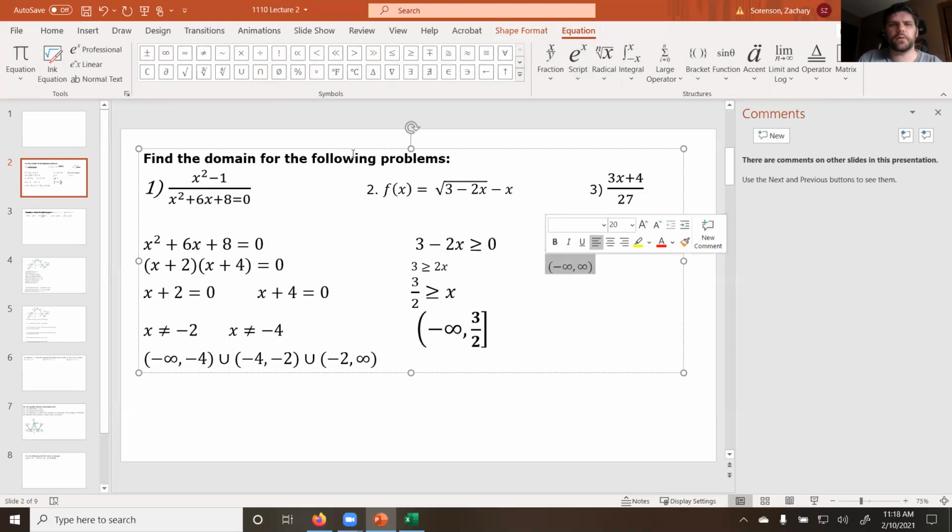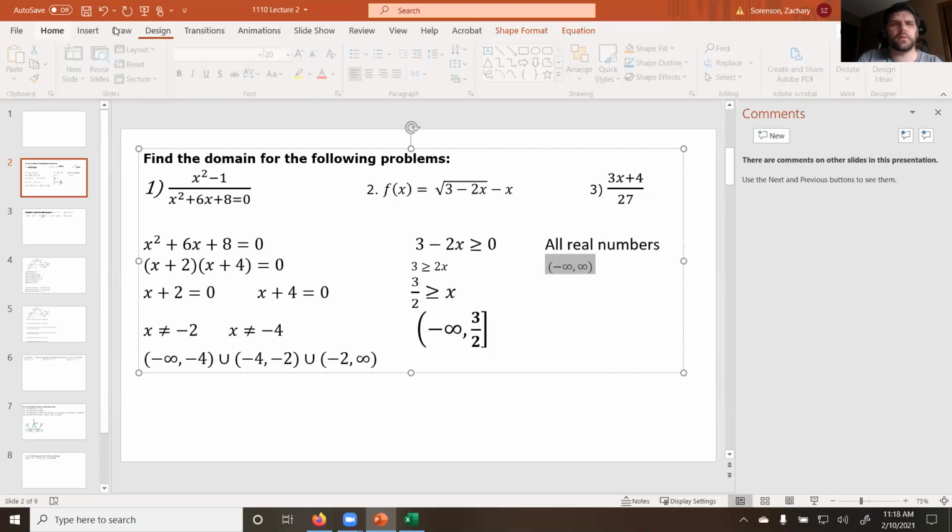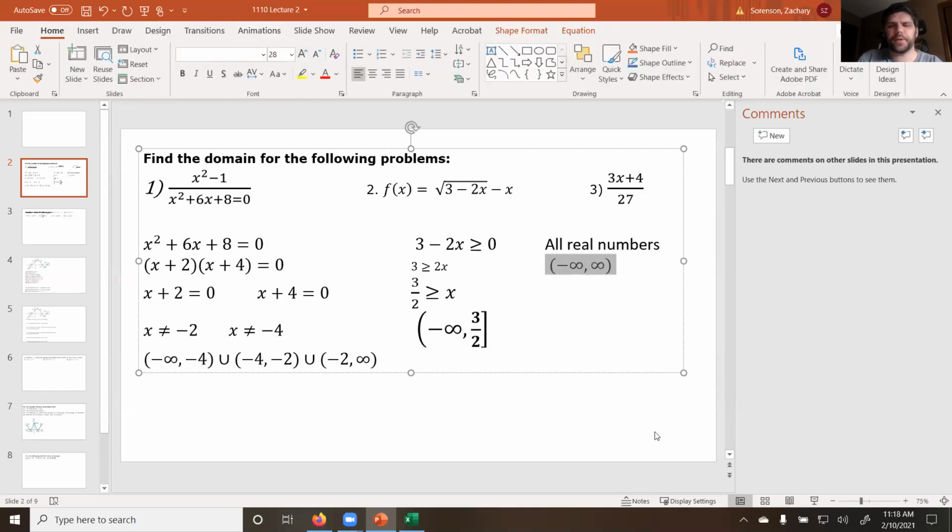Or if you're feeling particularly fancy, and this is probably not going to be super pretty because I'm drawing with my mouse, there is a symbol for all real numbers because we use it a lot in mathematics. We do this big R with a double bar kind of on the left side of it. Oh, that's not too bad. Any of those work. If you write all real numbers, great. If you like interval notation, great. If you want to feel like a fancy mathematician, that's fine as well.